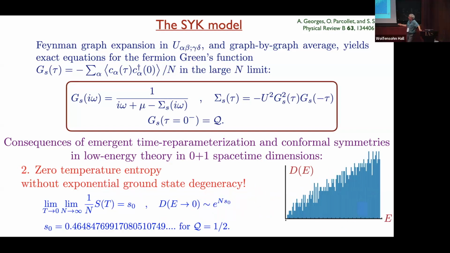So this is something new that came out here. I mean, it took us a while to appreciate this phenomenon. But it's really the essence of this model. So now this turned out to be really the key to the connection to black holes, especially extremal black holes, because they have exactly this property that they have a zero temperature entropy.